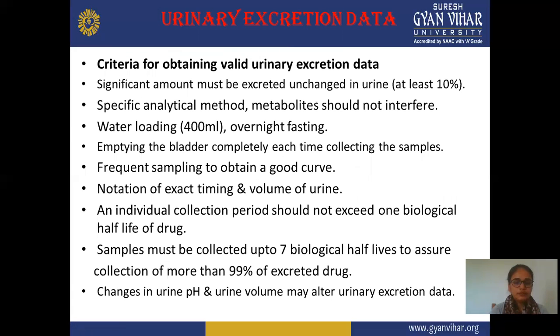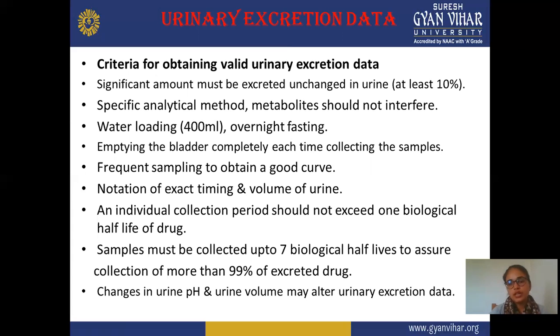Next is the criteria. In this, for obtaining valid urinary excretion data, a significant amount must be excreted unchanged in urine. Means in this we see how much drug is excreted out, or some criteria for calculating this urinary excretion data. In this, a significant amount must be excreted, or a specific amount of a drug is excreted in urine in an unchanged form, at least 10%.